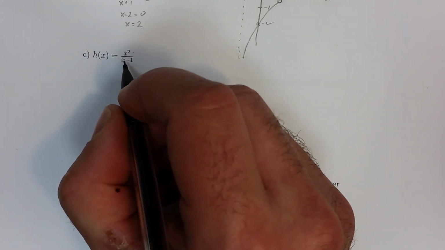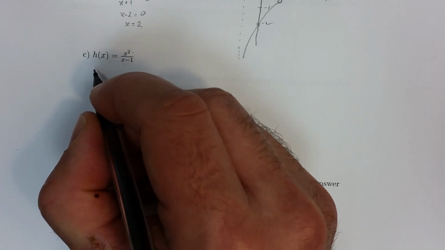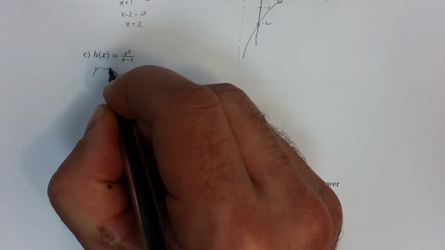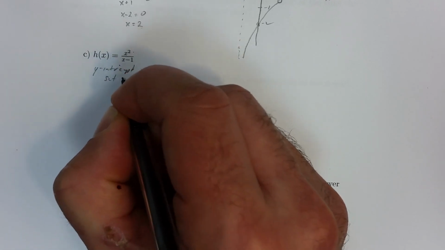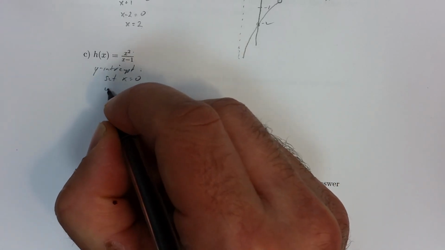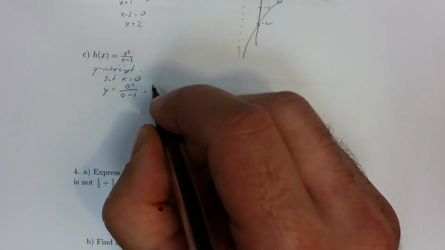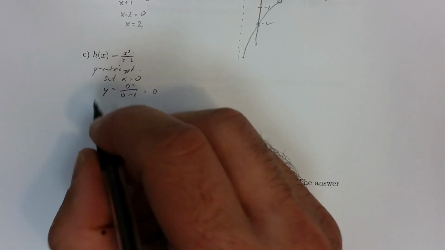So let's go ahead and, as I said, take a look and see where the x and the y-intercepts are. So we have our y-intercept. We'll set x equal to 0. So we end up with y equals 0 squared over 0 minus 1, which equals 0 over negative 1, which is equal to 0.